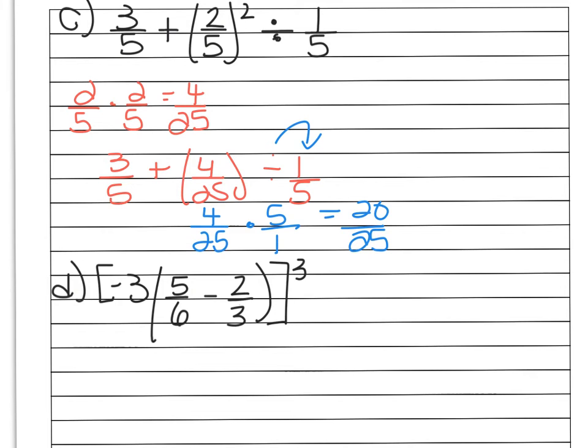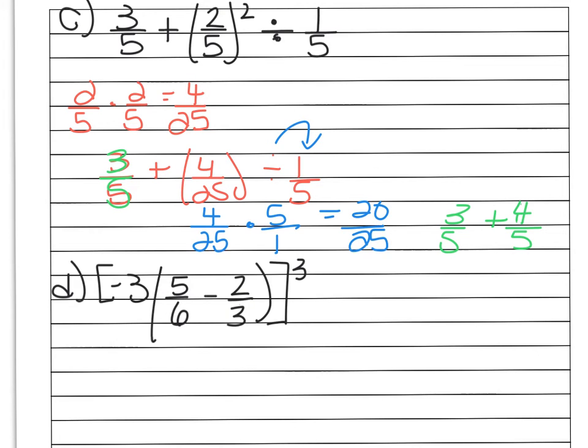So all together, I have my 3/5 right here. So I'm going to have 3/5 plus my 20 over 25, which I'm going to go ahead and reduce first. So 20 over 25, we know that 5 goes into both of those. 5 goes into 20 four times, so I can write 4, and 5 goes into 25 five times.